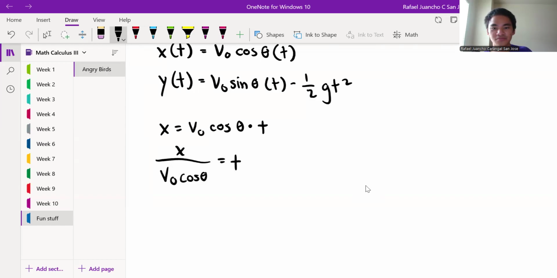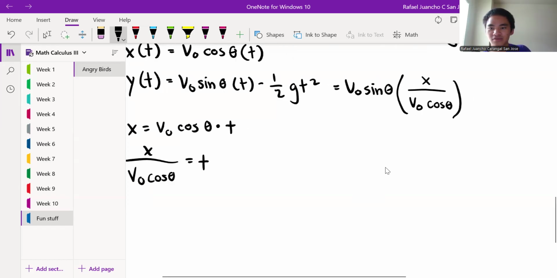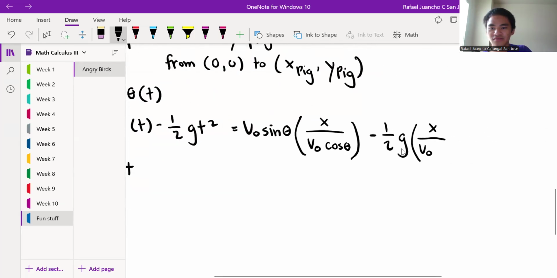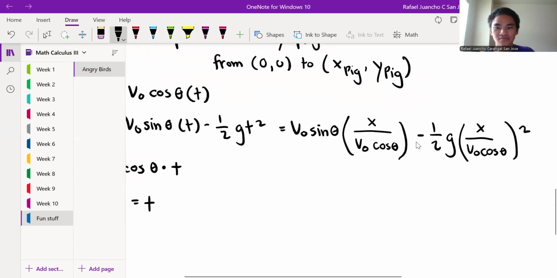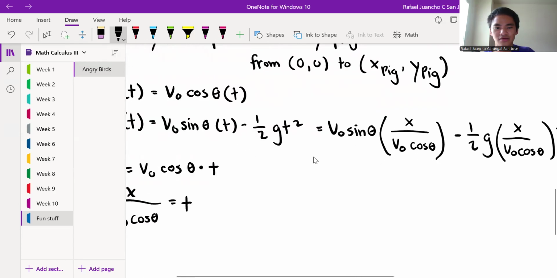So y will now become v naught sine theta times x over v naught cosine theta, and now we continue, minus 1/2 g, and then t, which is x divided by v naught cosine theta, and then we square that thing. So that's our new equation for y.